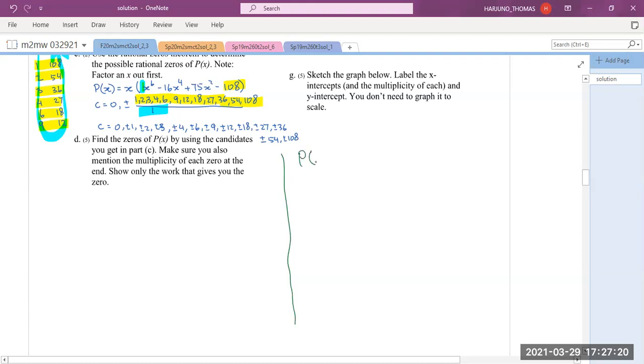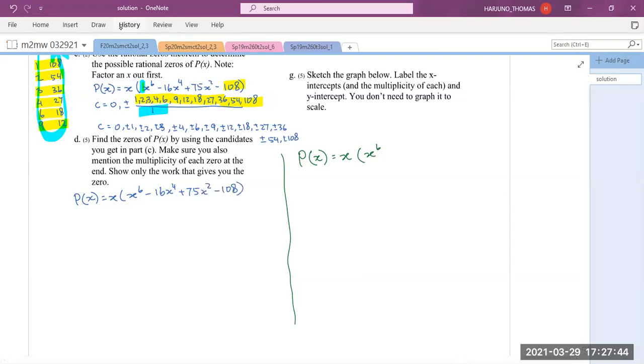Our polynomial, we already factored the x out, right? So P(x) equals x times (x to the 6 minus 16x to the 4th plus 75x squared minus 108).